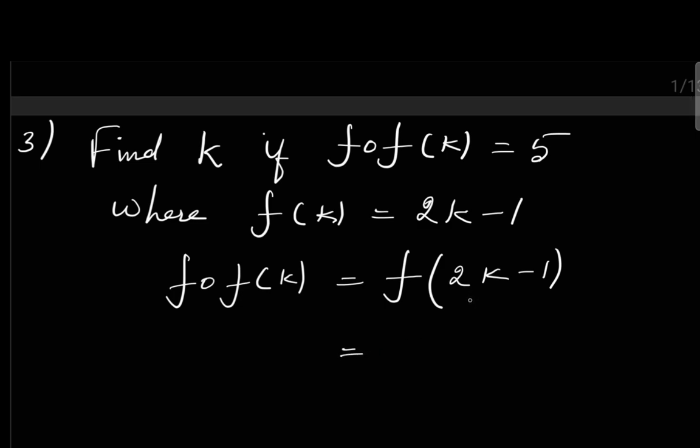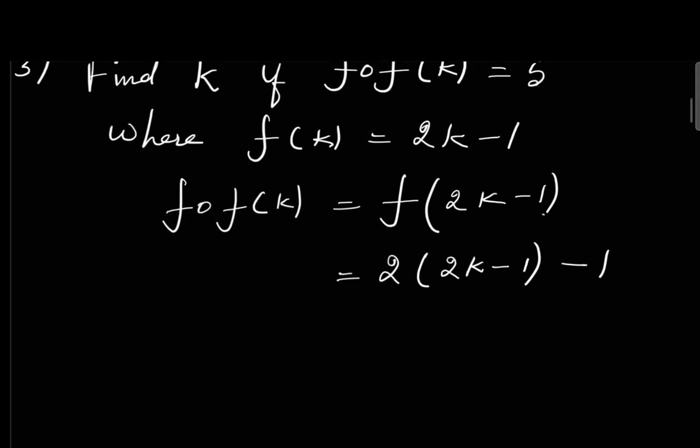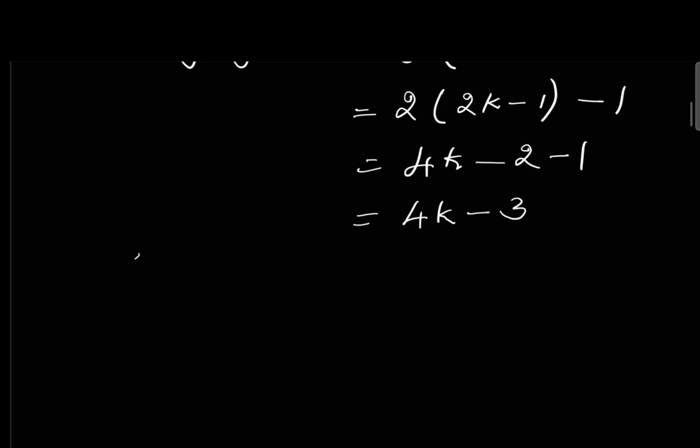We replace k as 2k minus 1 in the definition: 2 into (2k minus 1) minus 1. So 2 twos are 4k, minus 2 minus 1, so 4k minus 3.